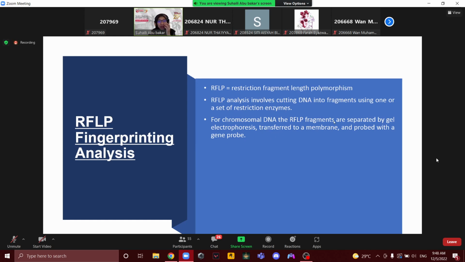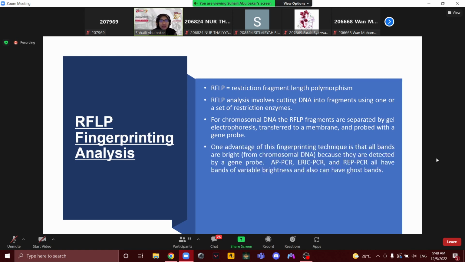After you run the gel, transfer to a nitrocellulose membrane, and then probe again with the gene probe to validate. But for me, it is okay already when you can view the differences in the gel. You can see the differences between individual number 1 and individual number 2. No need to transfer to the membrane anymore.